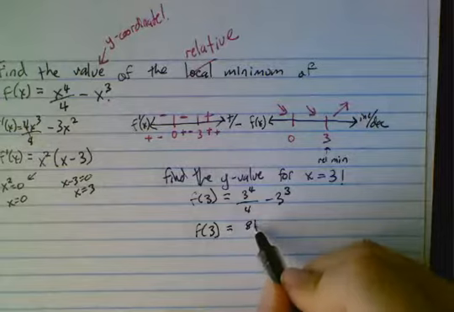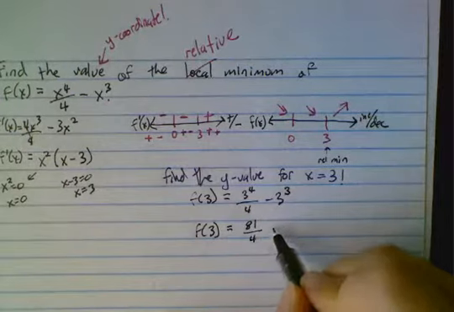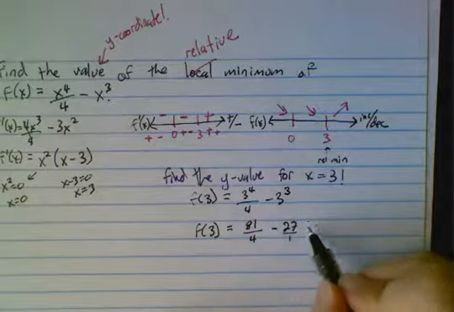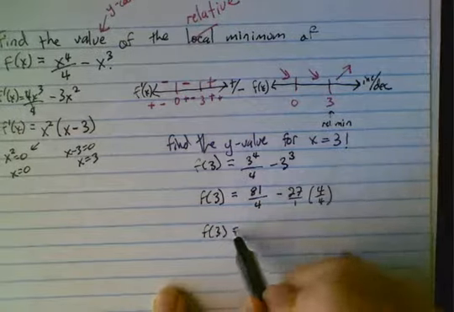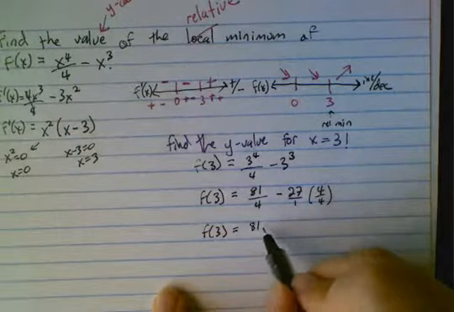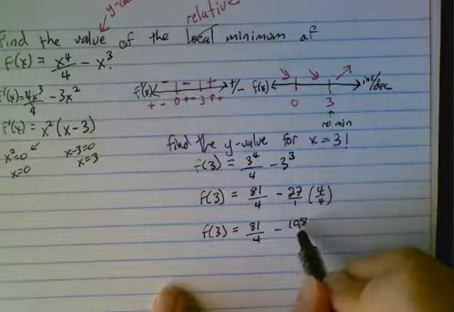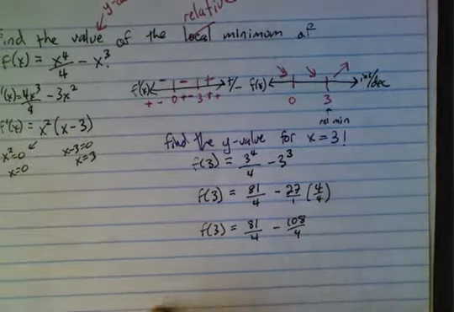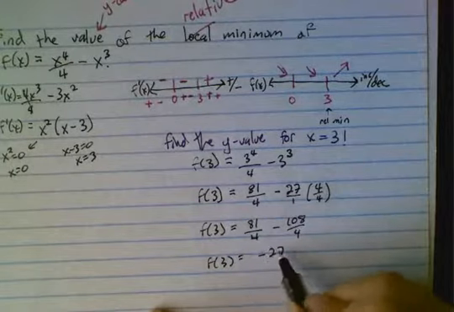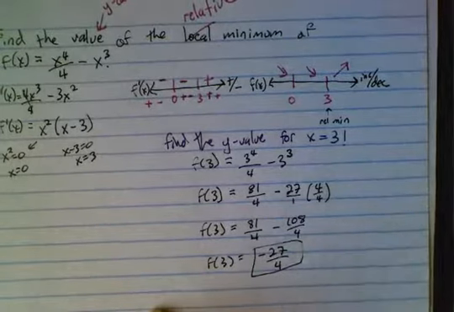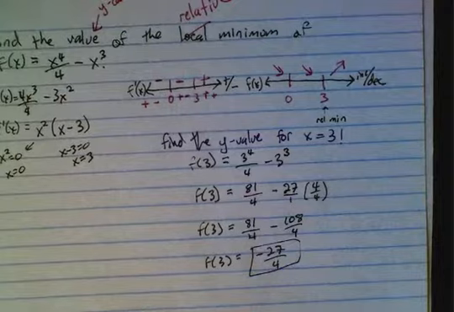We've got 81/4 minus 27. Want to get a common denominator. And there we go. We found our value.